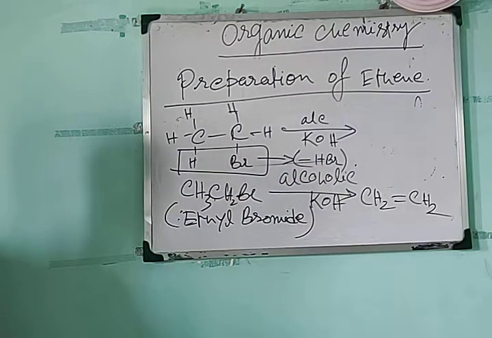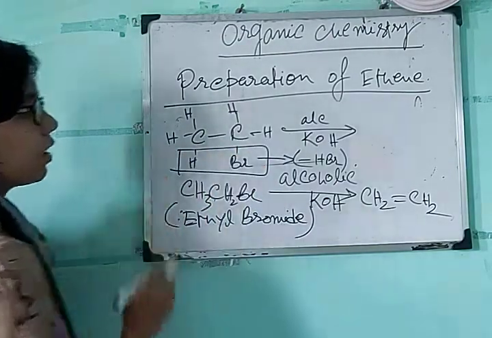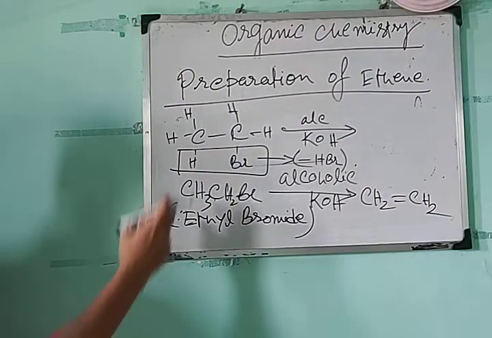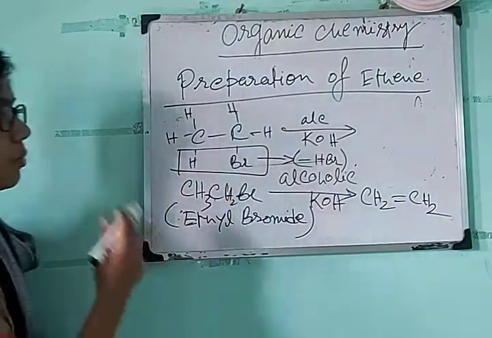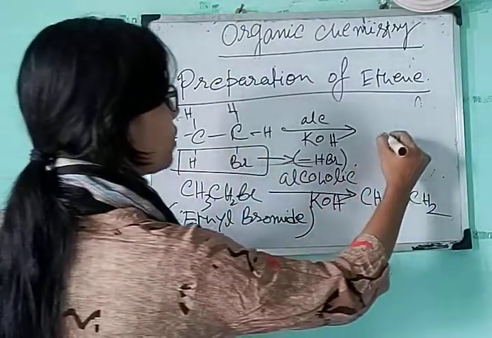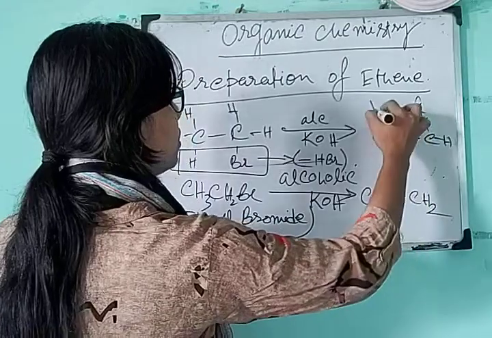This is getting eliminated, and obviously after the elimination of the HBr molecule, these two bonds will break, and to maintain the valency you have to give one double bond here. So this is ethene.